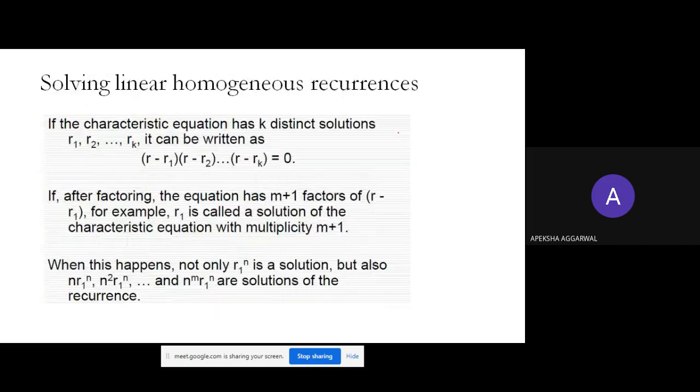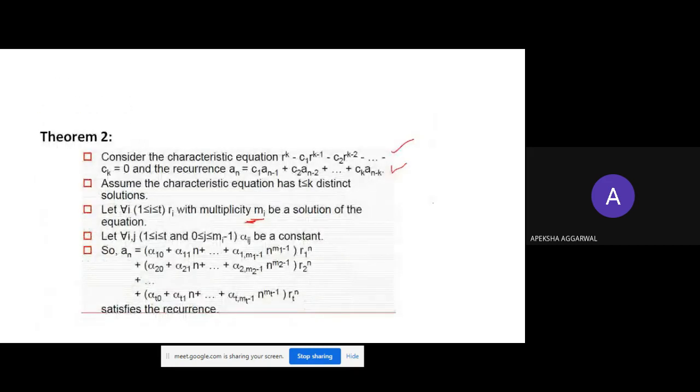So if you have multiplicity m_i, what you will do is write a_n equals some value with the first r. This is your first r, this is your second r, this is your third r, solved from the characteristic equation. And r to the power n multiplied by a constant was already there.